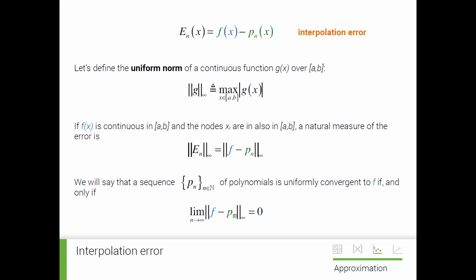So it will be convergent when this limit equals 0 as n tends to infinity. Here we find the measure of this error, and when the sequence p_n will be uniformly convergent to the exact function f.